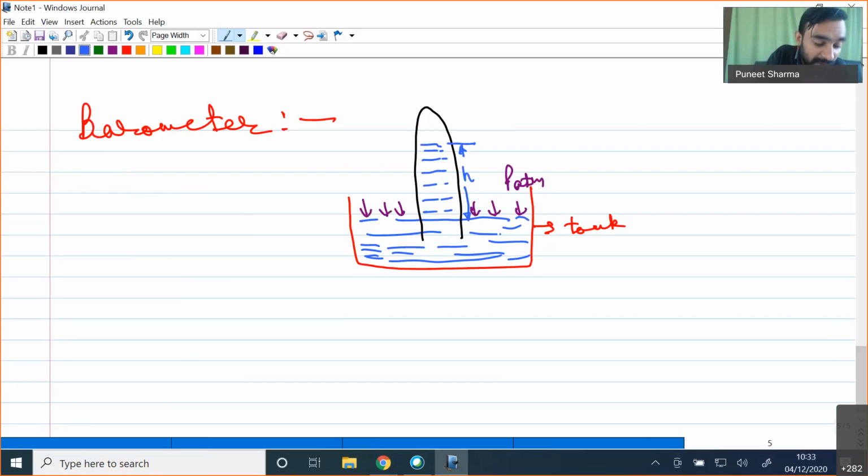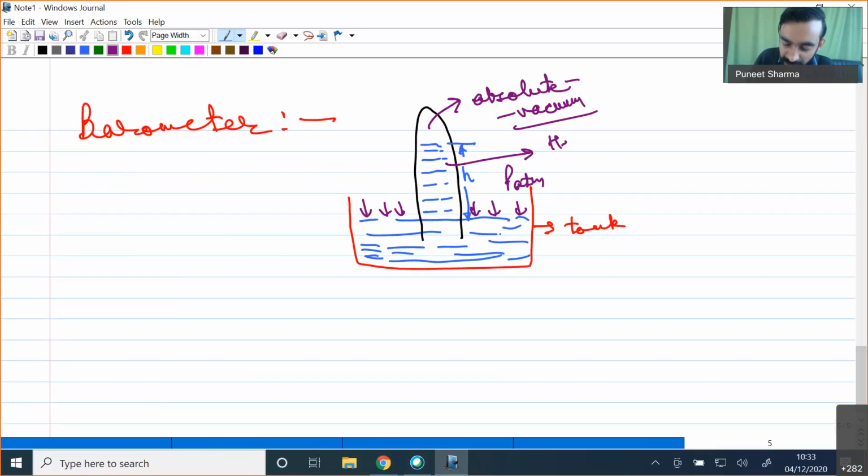Now here I will have some space, and this space we consider as absolute vacuum. We consider that we do not have any medium over here. Why can we assume absolute vacuum? Because many times when we employ a barometer for measurement of pressure, we use mercury as our manometric fluid.